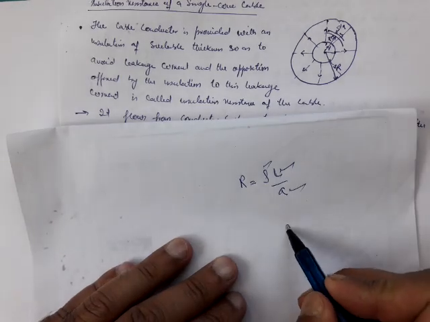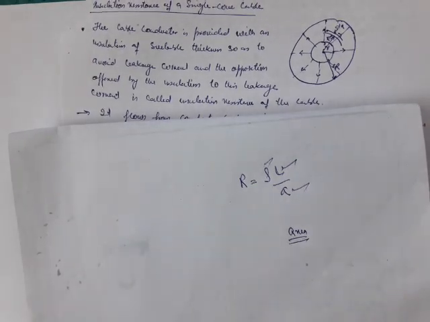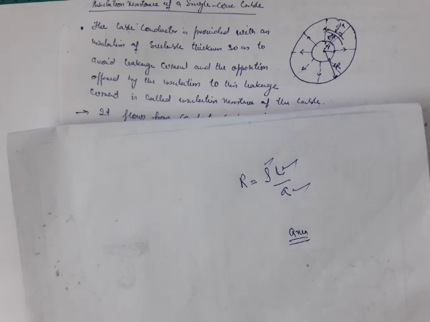This A is actually the area through which this current flows, or we can say it is the area perpendicular to the flow of the current. Similarly, length is along the direction of the current.